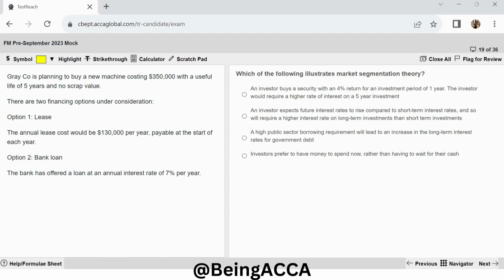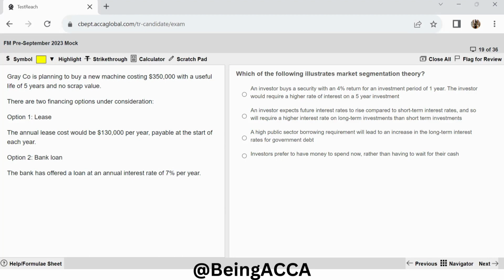So how can this be illustrated? This can be illustrated by maybe a public sector borrowing will require longer term interest rates for government debt. So if you are putting in your money for a longer period of time, maybe you will require a larger sum of interest, because you are blocking your money away for a longer period of time.